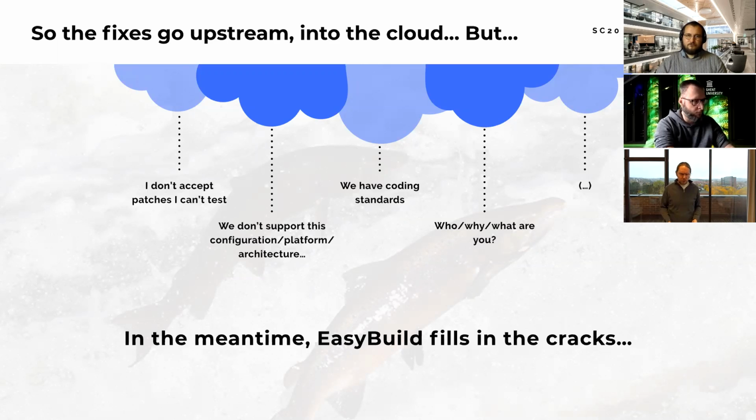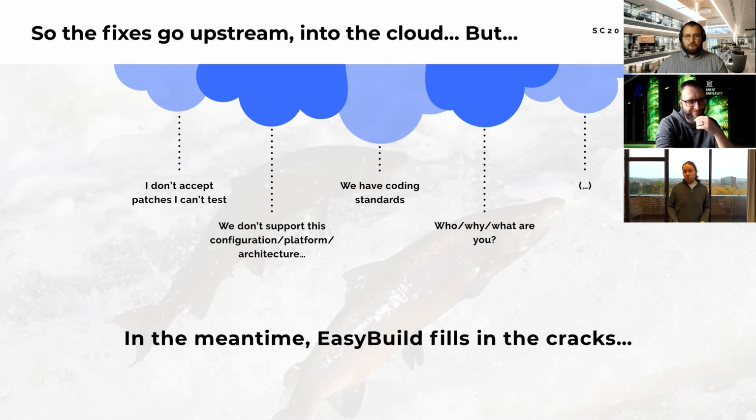And of course, in one situation, like I mentioned with the GCC code that only worked on one platform, the response was, we have coding standards, so that's why it looks like that. So your patch that fixes it so it works on all platforms is a violation of a coding standard. But your coding standard doesn't allow it to work on ARM, right?